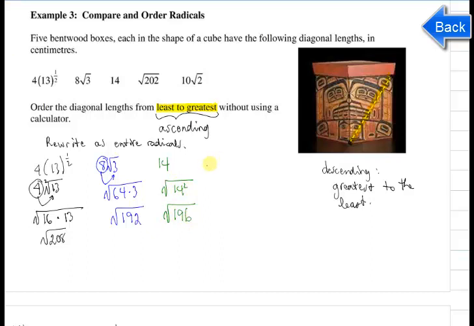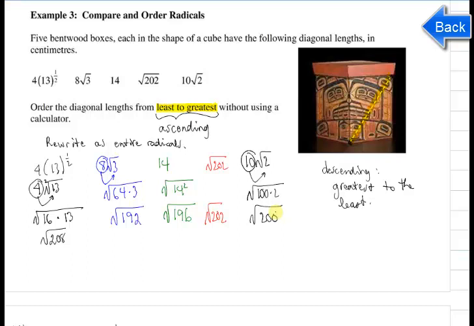Our next number is already in radical form as an entire radical, so we will leave that the way it is. And then our last number is 10 square root of 2. We want to bring the 10 inside the square root, so you want to square the 10. 10 squared is 100, and 100 times 2 is 200, so now you have the square root of 200.